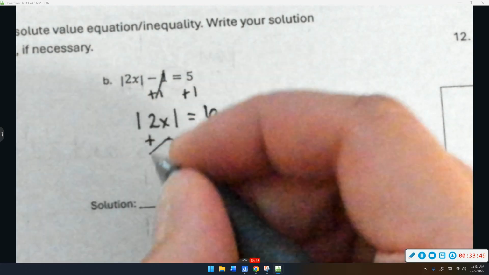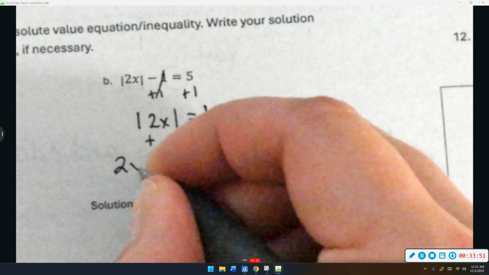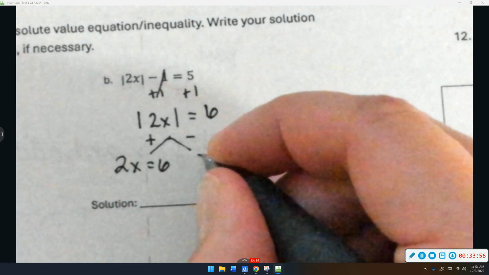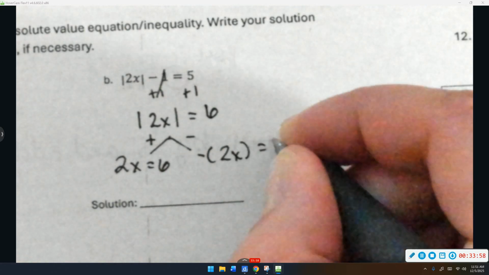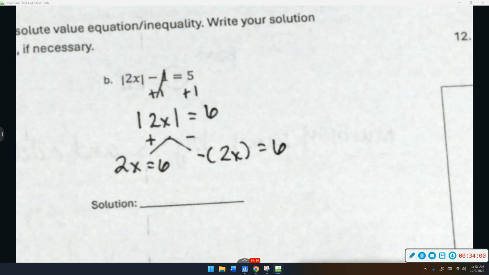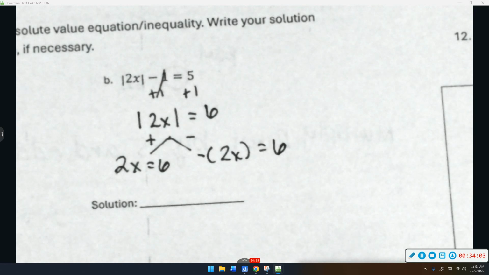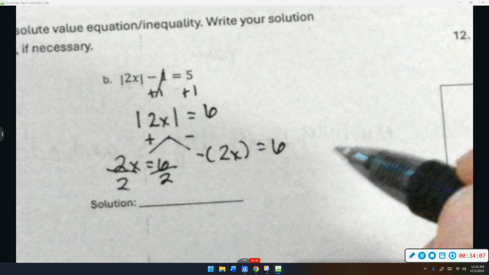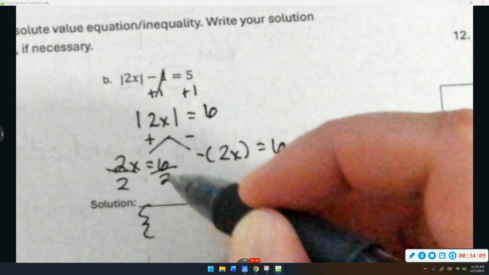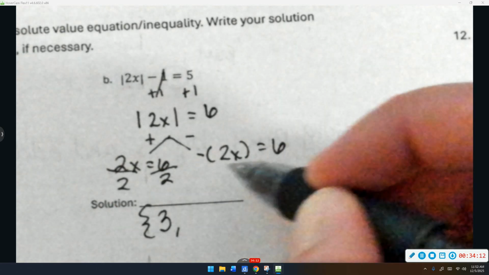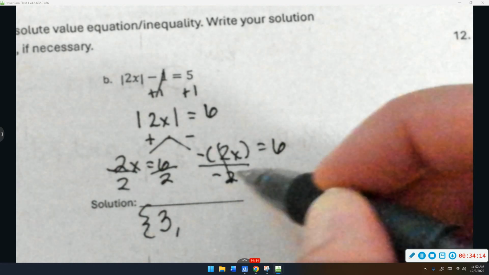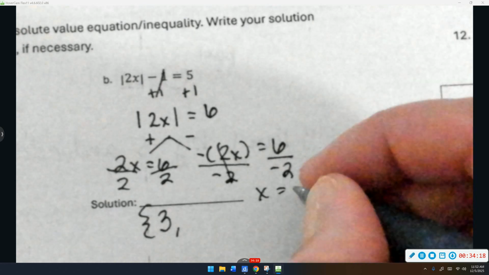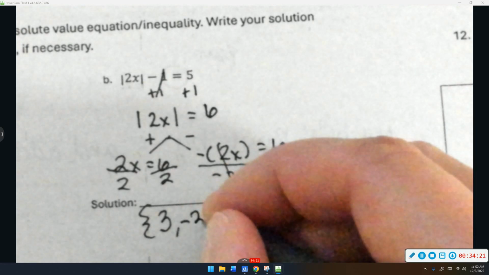My positive path looks like 2x equals 6. My negative path looks like negative 2x equals 6. So then what are my answers? Well, I would divide by 2. 6 divided by 2 is 3. And in my other one, I would divide by negative 2. 6 divided by negative 2 is negative 3.